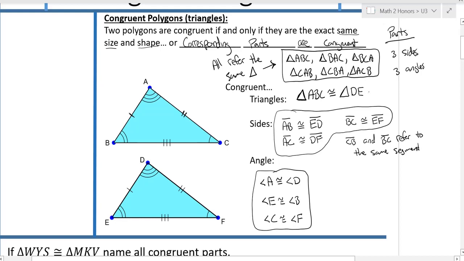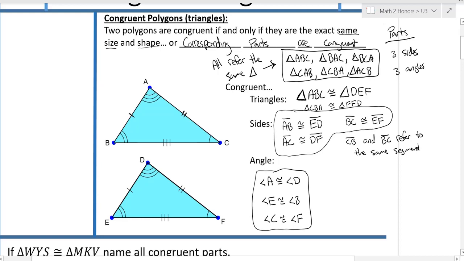And then C corresponds to F, so I have to go F. If I did something like triangle CBA, then you have the freedom of how you name the first triangle, but then the second triangle is dependent upon that first. So you would have to name the second one triangle FED. Okay.